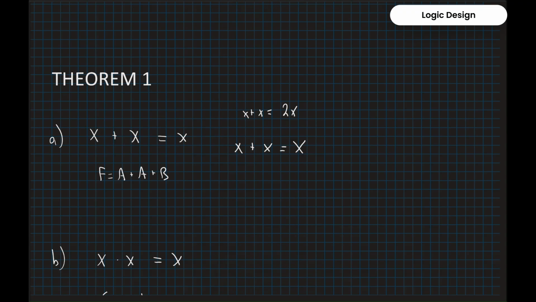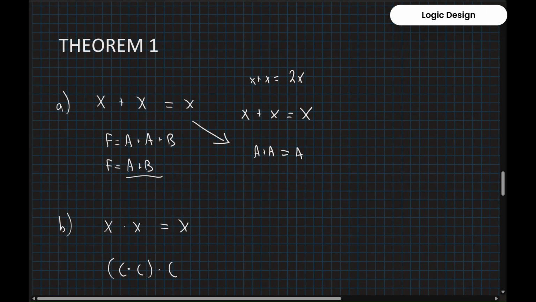So in this case, we have F equals A plus A plus B. We know that A plus A is equal to A because of this theorem, so this would just be F equals A plus B. So this is that simplified.